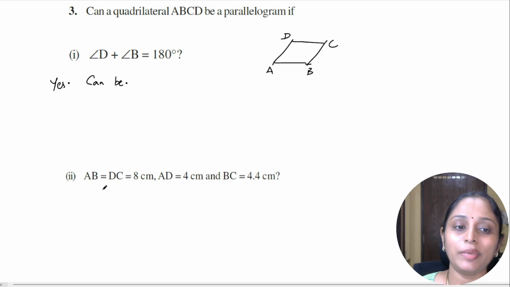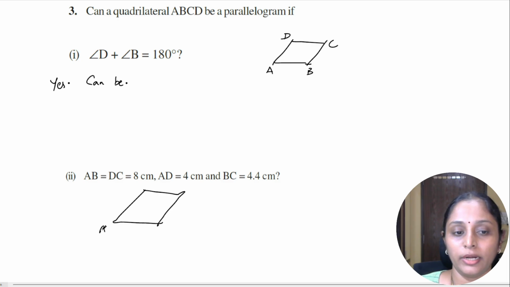Next, if AB is equal to DC is equal to 8 centimeters. So let me draw the figure again. Suppose I have a quadrilateral. AB and DC are opposite sides, they are equal in length.